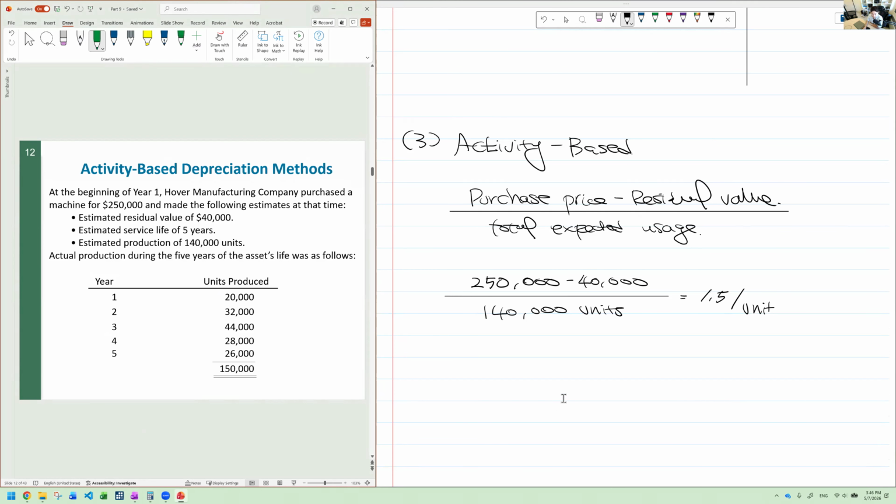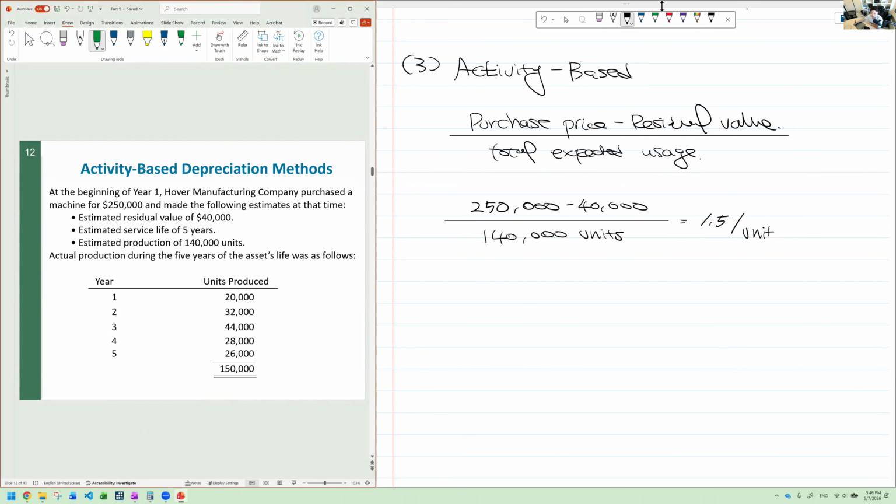Now, once you calculate the depreciation rate per unit, we're going to multiply by the actual usage. So you're given this schedule. Year one, we used 20,000 units. Year two, we used it for 32,000 units.